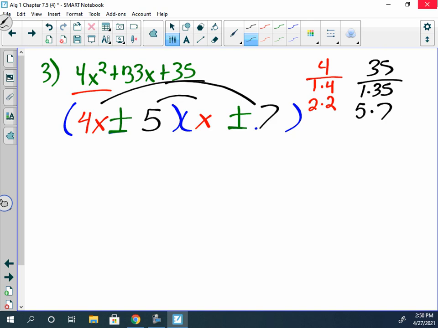Well, yeah, because since I don't have 2 and 2, I have 1 and 4, it's making it a little bit different. 4x times 7, or 4 times 7, is 28x, and 5 times x is plus 5x, and 28x plus 5x is 33x, which is what we wanted, yes?